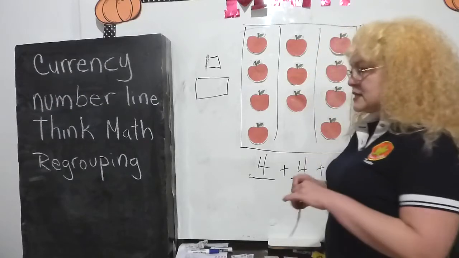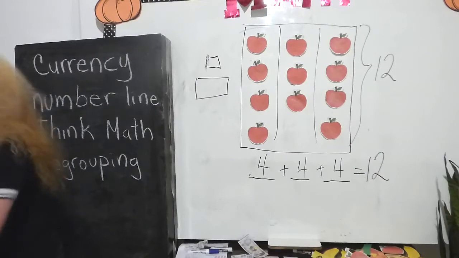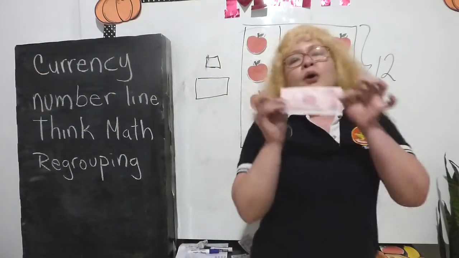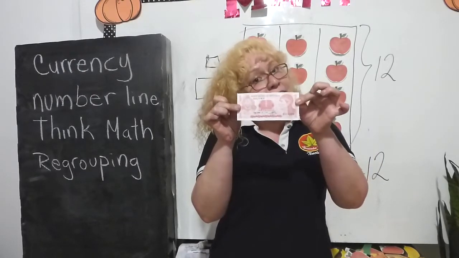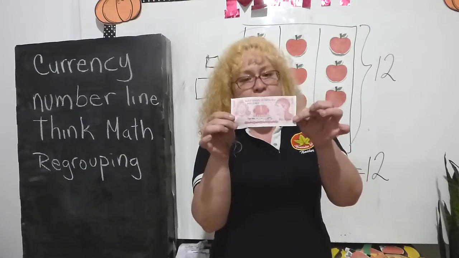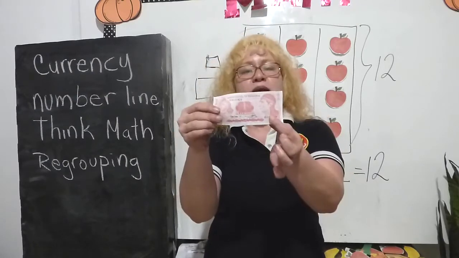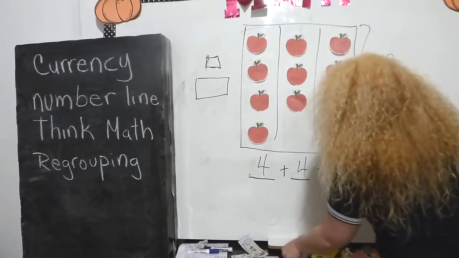Okay, currency is money. This is 1 lempira, and our currency is named after this guy here. It's a hero. His name's Lempira. And our currency is lempira. That's 1 lempira.